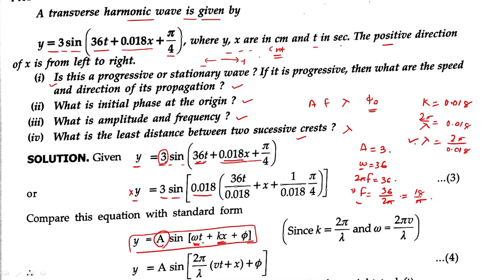So lambda and frequency are found, then velocity equals frequency into wavelength. Then what is the initial phase? This is the phase. Now let's check the solution.